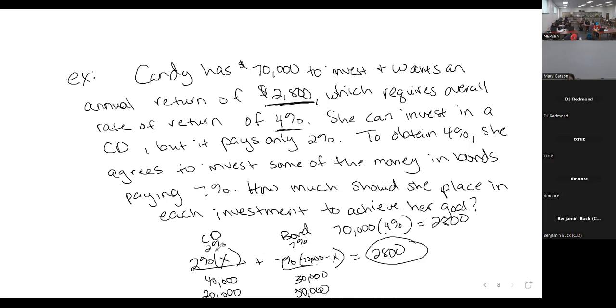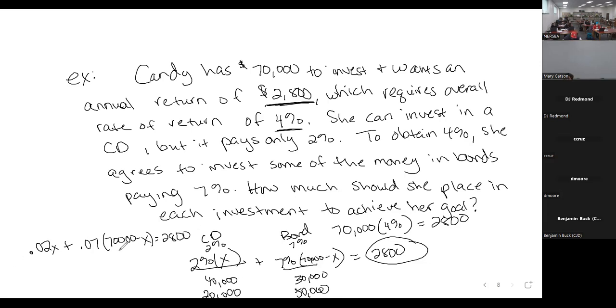So we're going to let X be the amount that we put into the CD, and then 70,000 minus X is what's going to go into the bond. Does everybody understand that? So this is our equation, okay? Now, we don't usually use 2%, we would write this as 0.02 times X plus 0.07 times (70,000 minus X) is equal to our 2,800.